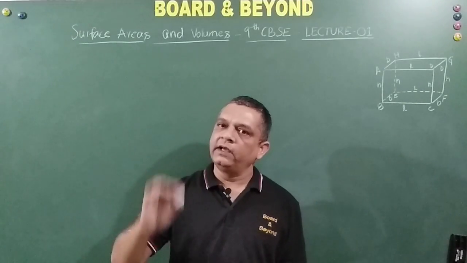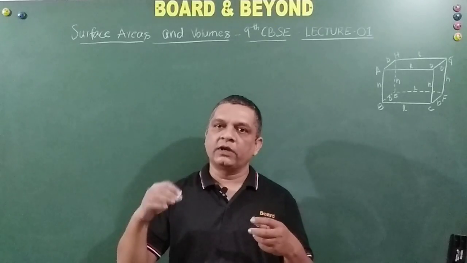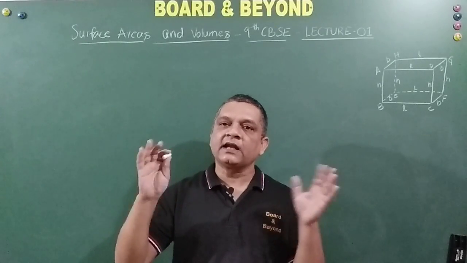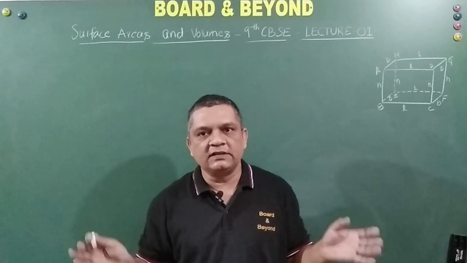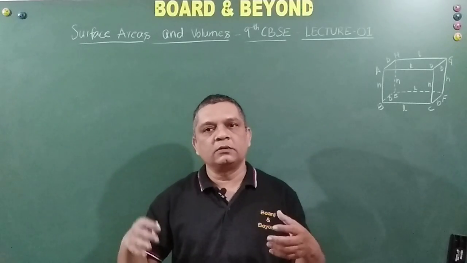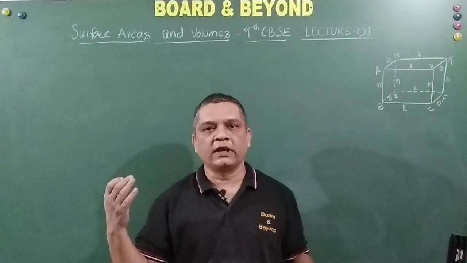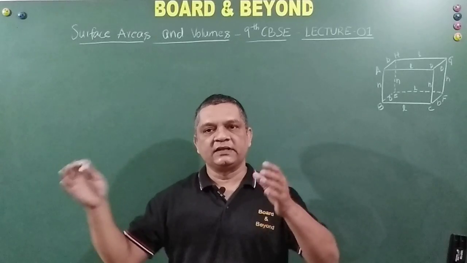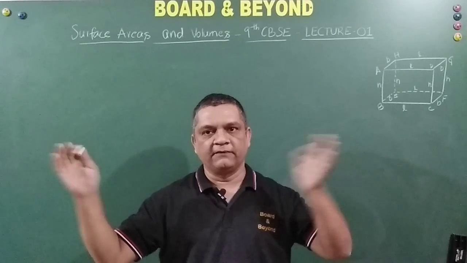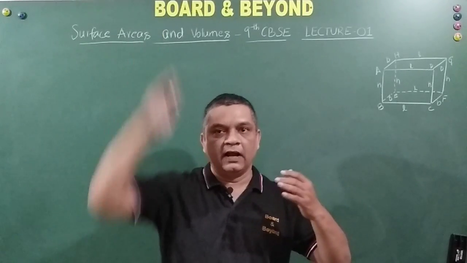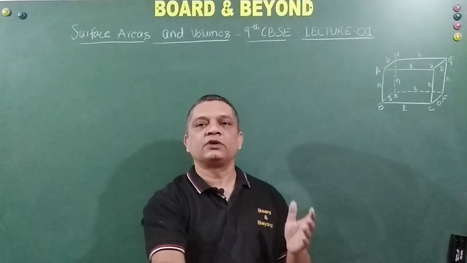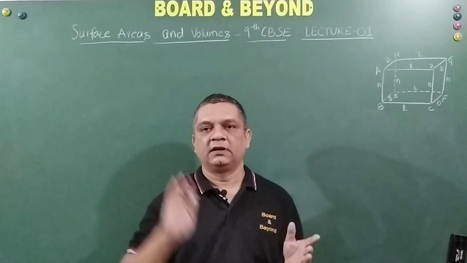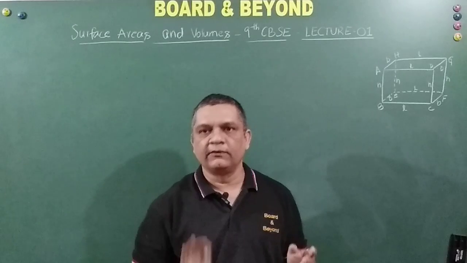A cuboid is basically a solid which has rectangular surfaces. Just imagine, you can look around the four walls of your room. Those are basically the different surfaces: the four walls, and the roof and the floor. So totally a cuboid has 6 surfaces: 4 walls, roof and floor.